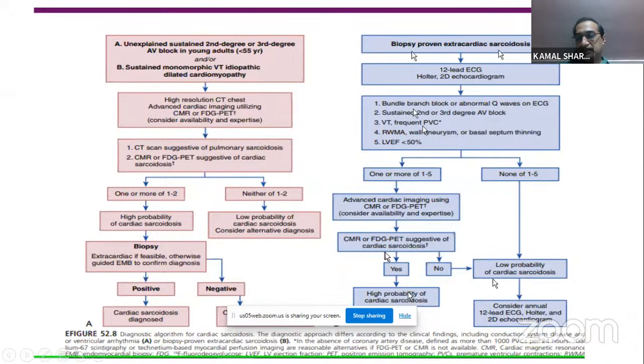If it is suggestive of cardiac sarcoid, then of course it's there. If it's no, then you will just do monitoring in a patient with extracardiac sarcoid. So it's important to know whether the patient's history mentioned whether the patient had extracardiac sarcoid or not. If it is not specified, then you will stick with CMR because it's easily accessible, it's sensitive, and if you get a high probability, then of course you need to confirm with an endomyocardial biopsy.